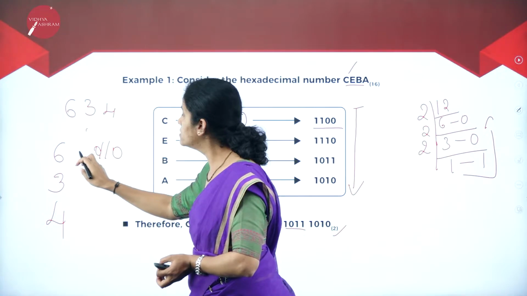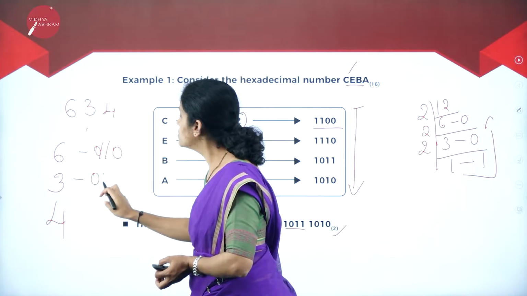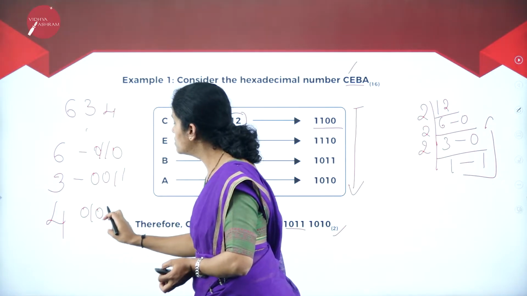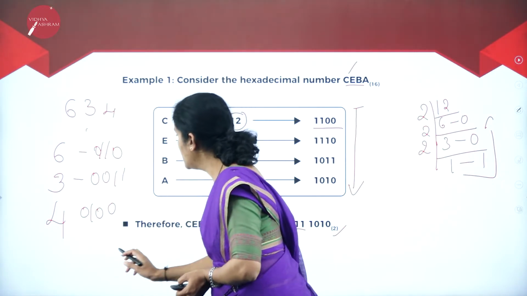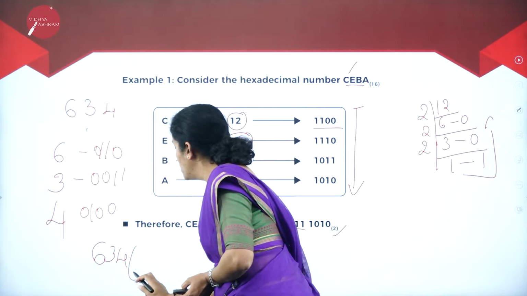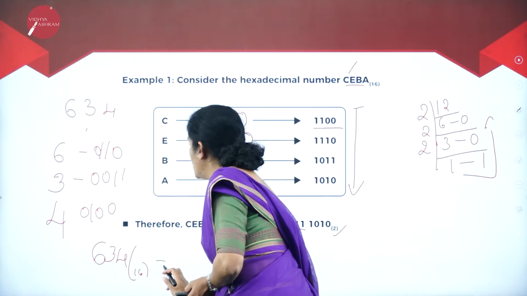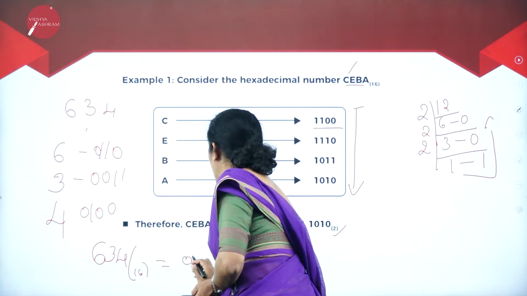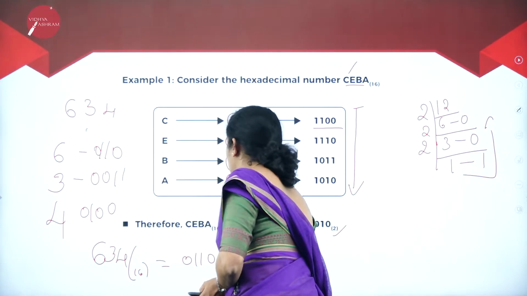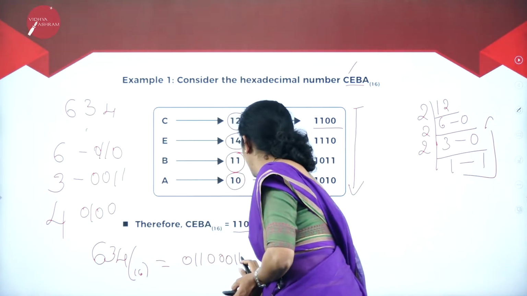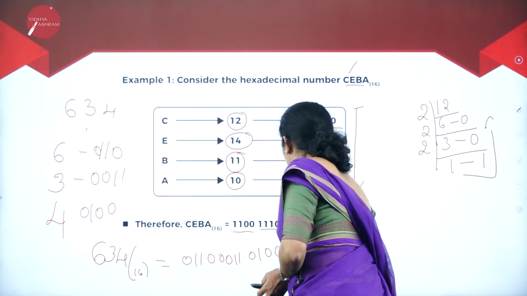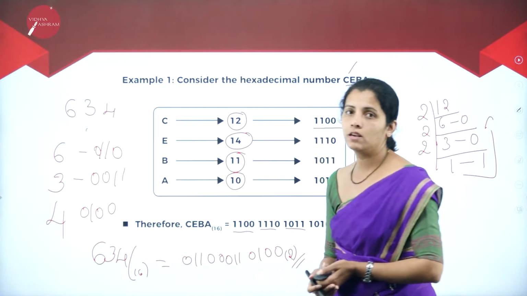So I'll write 0 1 1 0, 0 0 1 1 and 0 1 0 0. And while writing the final result, 634 of 16 equals 0 1 1 0 0 0 1 1 0 1 0 0 of 2. This is another example.